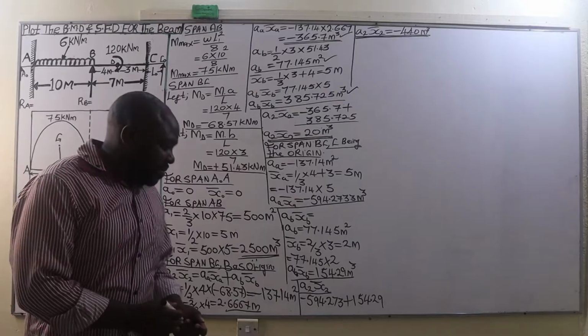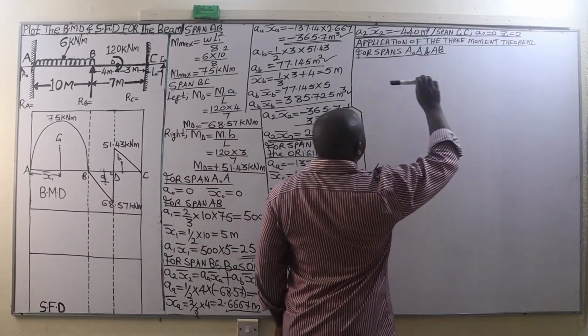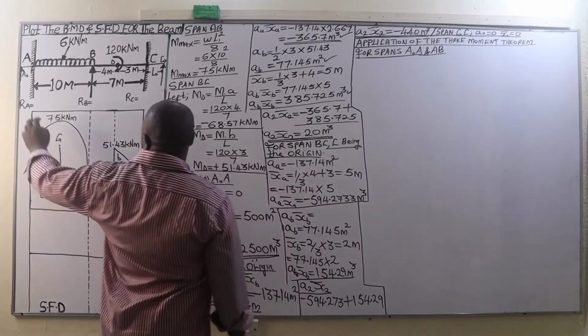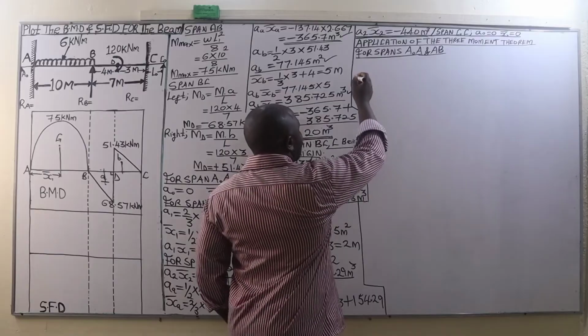Very good. Then from there, we apply the three-moment theorem, and we are going to begin with the spans A0A and AB. The formula is going to be as follows.